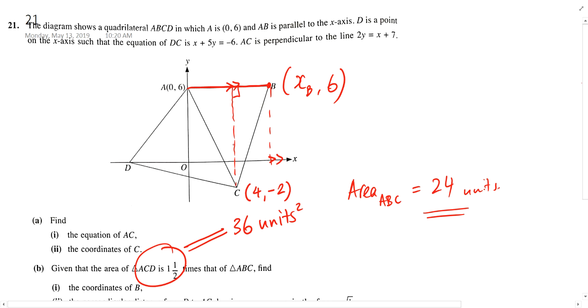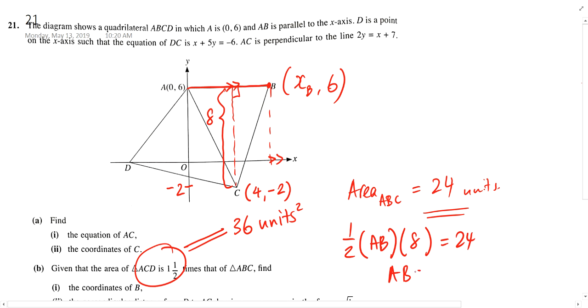What is the perpendicular height? 8, because this is negative 2. So half times base, which is AB, times the perpendicular height, which is 8, equals 24. Find AB. AB is 6 also. So this value of x must be 6.